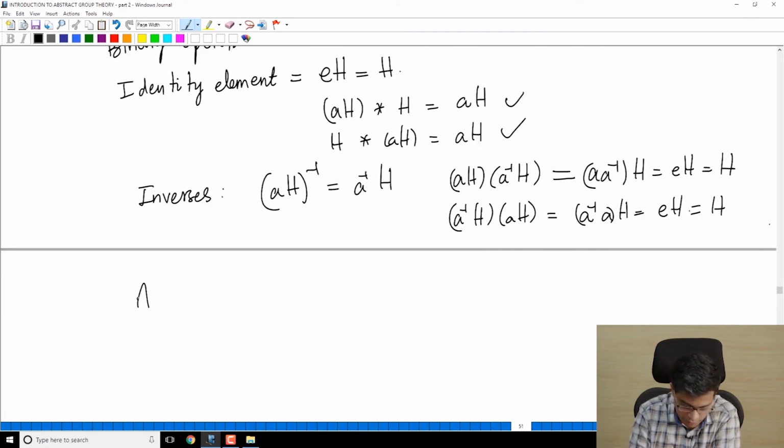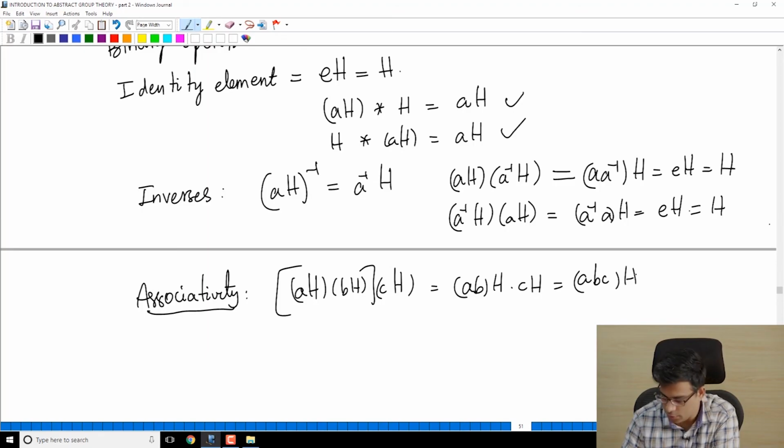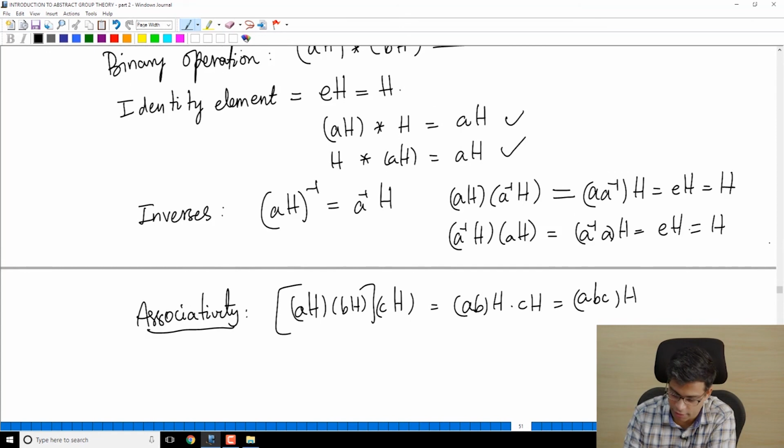And associativity finally. If you take aH times bH, then take cH, this is abH times cH, which is by definition abcH. Remember, abc you can multiply in any order because this is happening in capital G. So in group G, the product is associative. As you can see, I have started not writing star.